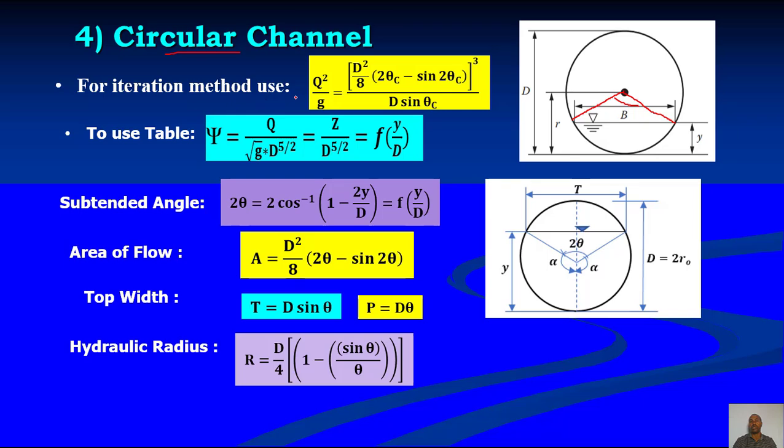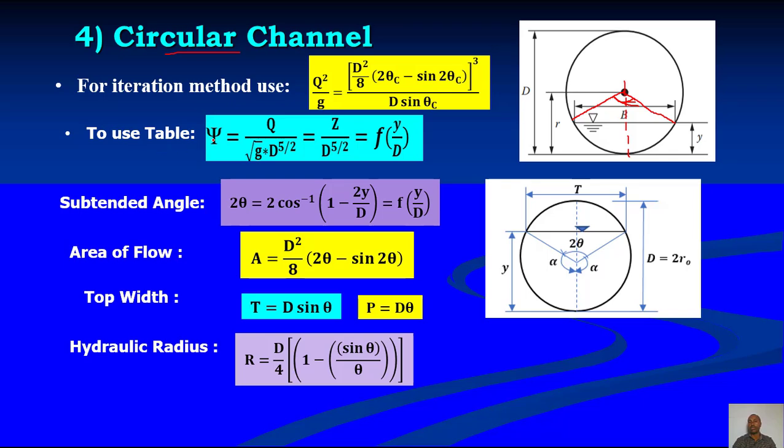For the iteration method, we will use this one: Q square over g is equal to A cube over T. The top width of the circular channel is D sine theta. Then theta critical can be found if Q is given and the diameter is given, then you can find at what angle, which is theta. This is 2 theta. Then you can just bisect this one, and finally you can solve.